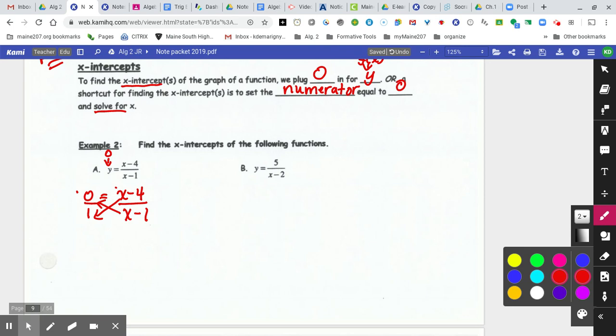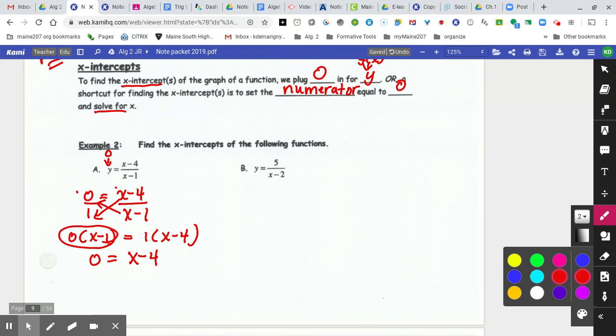So 0 times x minus 1 is equal to 1 times x minus 4. Here's the part that's so nice about solving these for x-intercepts. 0 times this is 0, and 1 times x minus 4 is x minus 4.